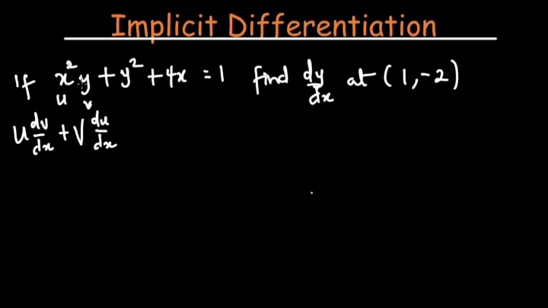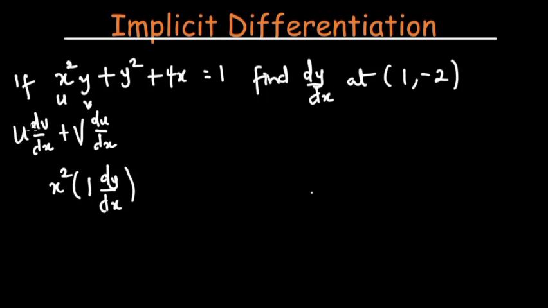Drop the first function, x squared, that is u, multiply by the derivative of the second, which is dv dx. When you differentiate y, remember for implicit differentiation, whenever you differentiate y, you multiply it by dy dx. And so when I differentiate y, I have 1, and I multiply 1 by dy dx.